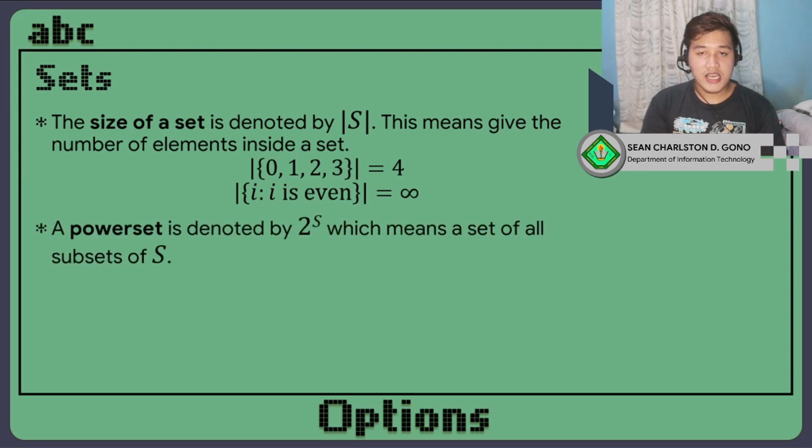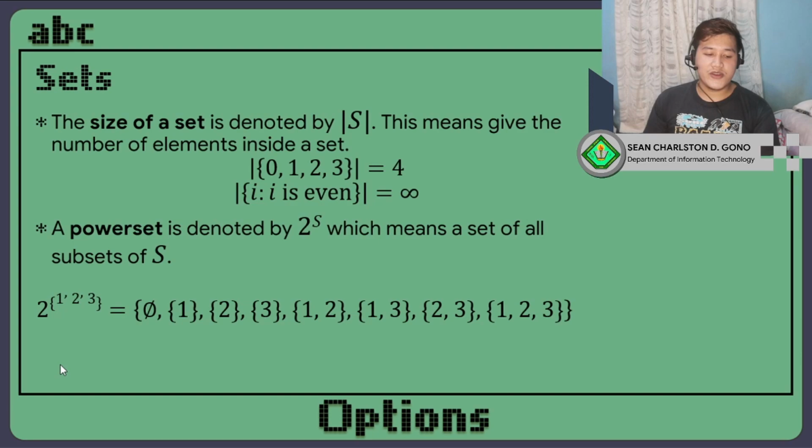And we also have what we call the power set. A power set is denoted by 2 raised to S, which means a set of all subsets of S. This means all the possible subsets of a set are inside another set, just like this. For example, our set is {1, 2, 3}. The power set of {1, 2, 3} is equal to this.